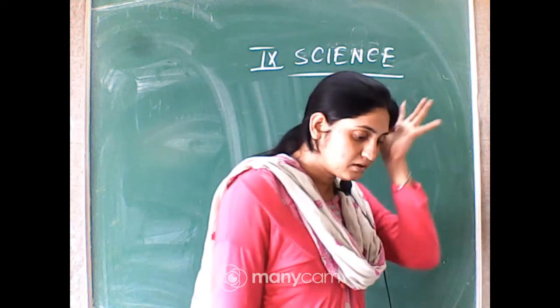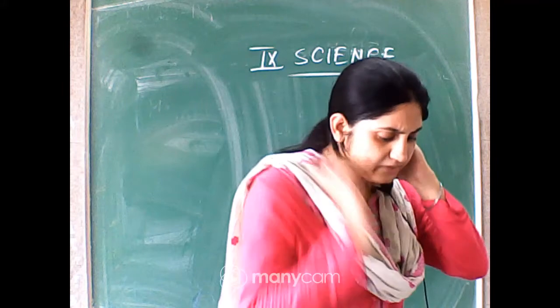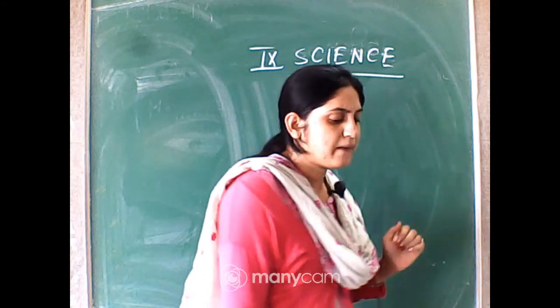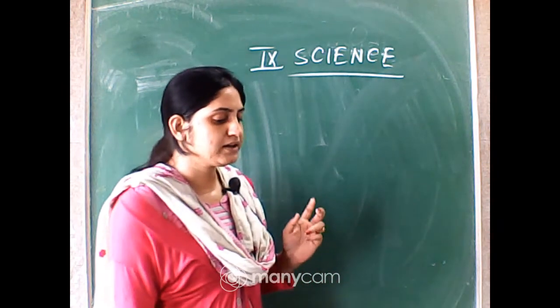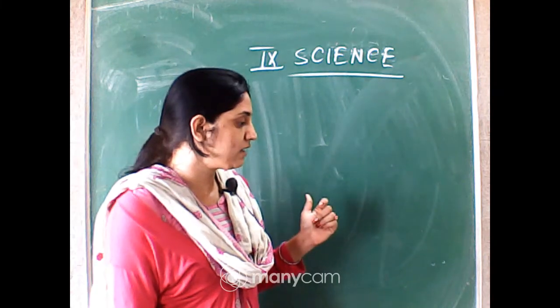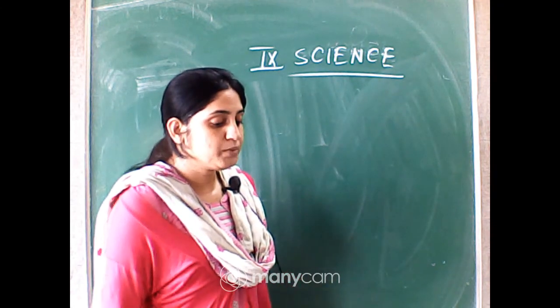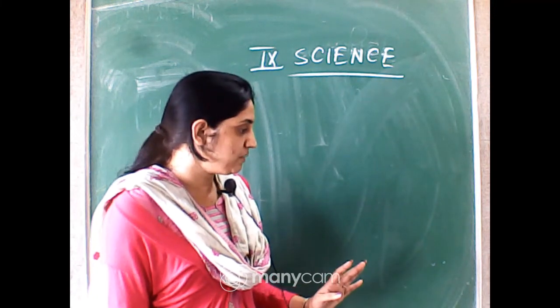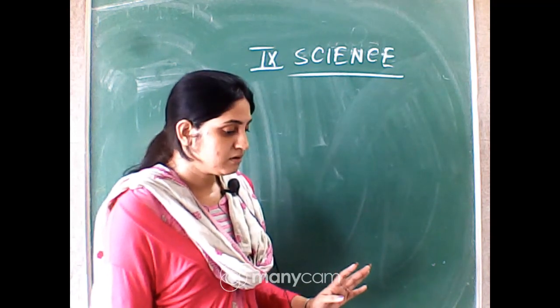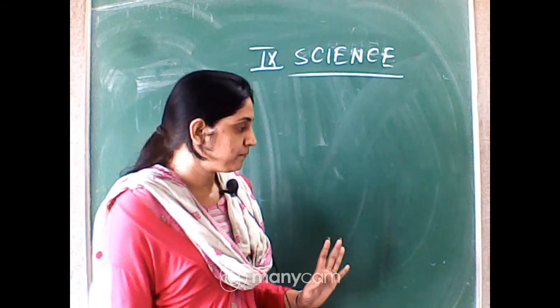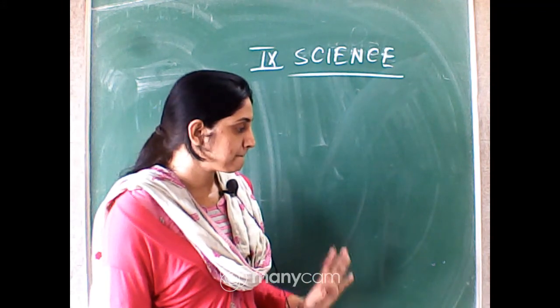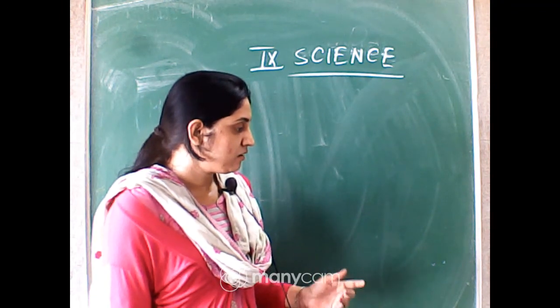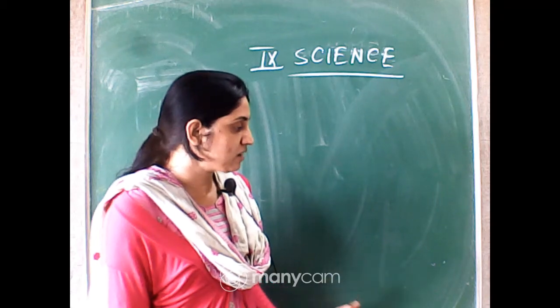The first half part is completed, observation and result. Half part means the first practical. Experiment number 1 is to prepare a temporary mount of onion peel. The procedure is completed. Is the diagram completed or not?